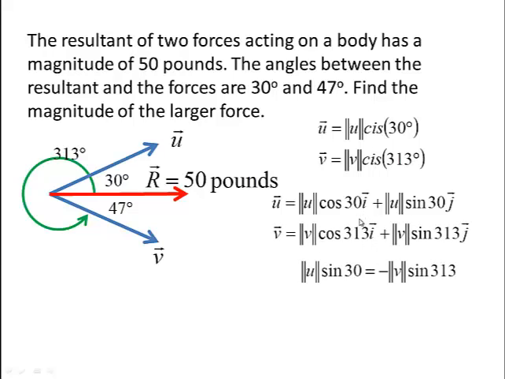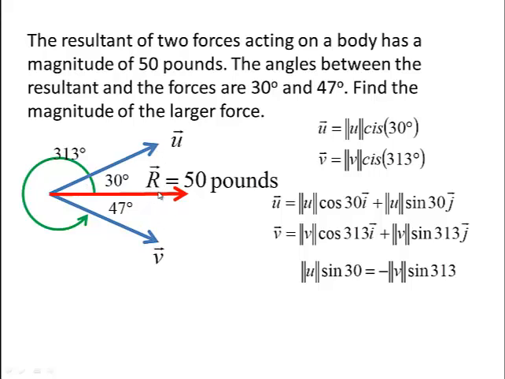Before I put these in my calculator, I know that the vertical components have to cancel out. So as much as u is pulling up has to be equal to the v pulling down.